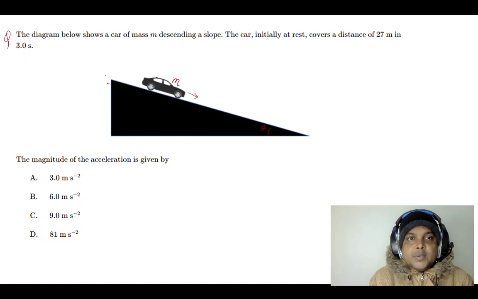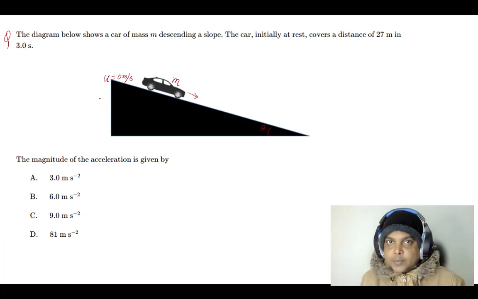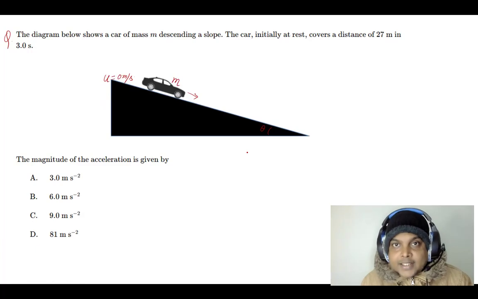When I solve a numerical, I mostly want to write everything on the diagram itself if possible, because it is very much visible. Writing the data on the diagram along with the question is one of the best practices we can have. We can adopt this method while we are learning, not at the time of examination.